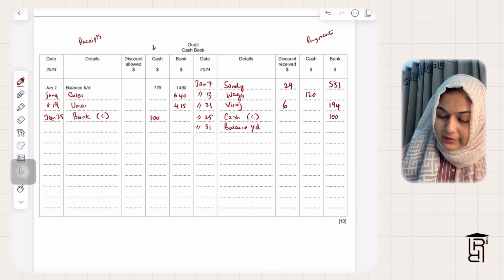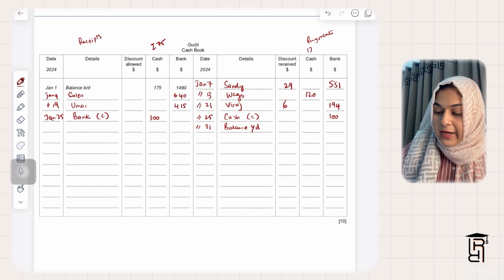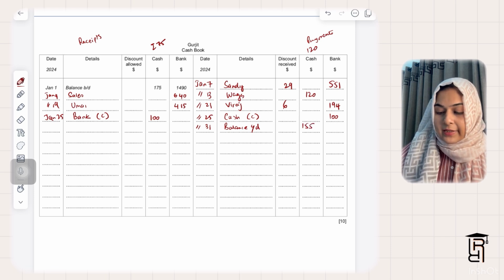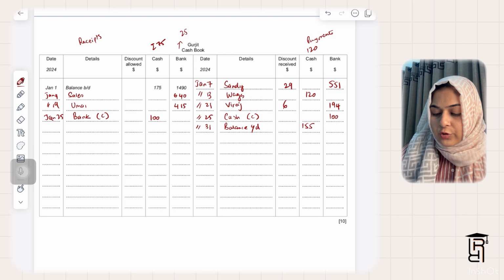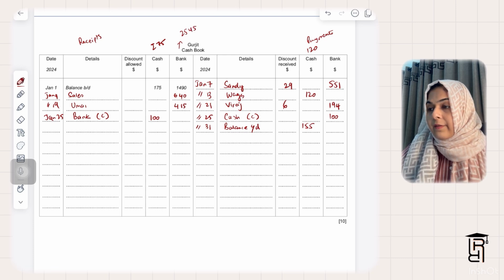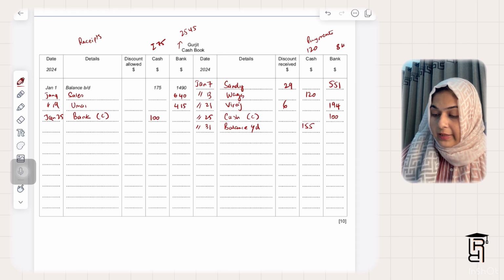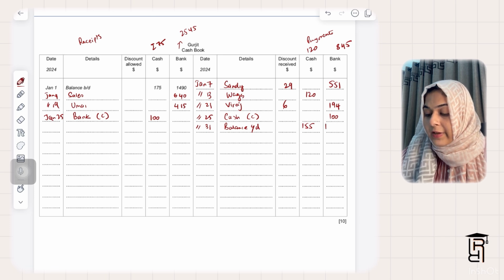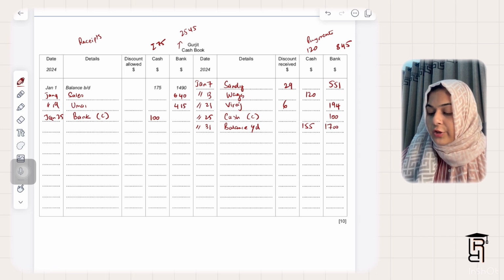So basically this is going to be 275, and 275 minus 120 is going to be 155, my balance carried down. The bank total here is 2545, and the credit side total for bank is basically 845. So now when you calculate 2545 minus 845, it will give us $1,700.